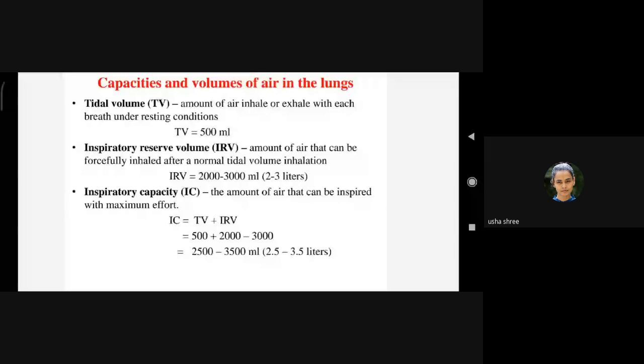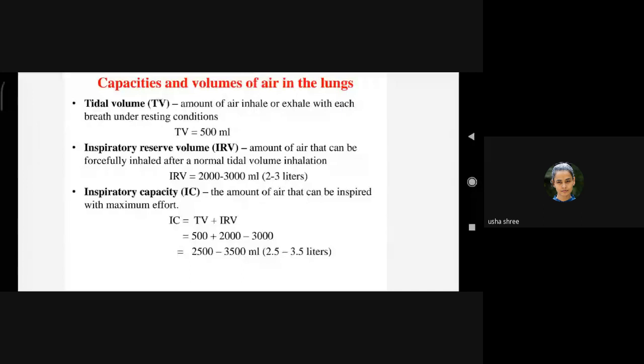So let's assume normally we are breathing 500 ml, and when we are breathing forcefully, we are breathing 2000 to 3000 ml. So this 3500 ml is inspiratory reserve volume, means the extra amount of air we are breathing in.